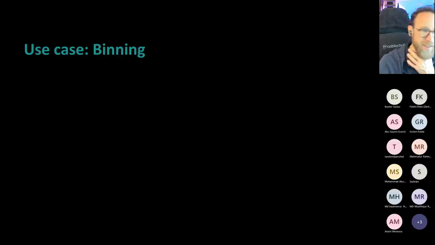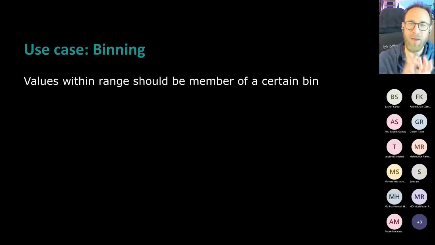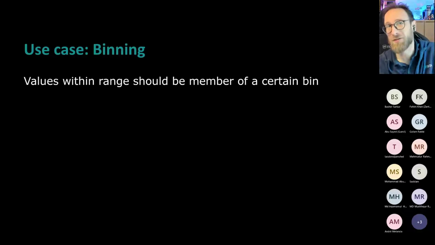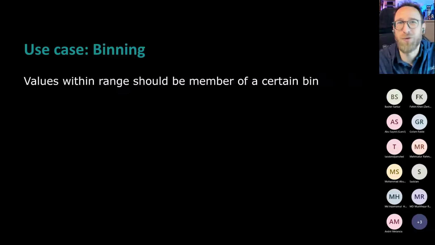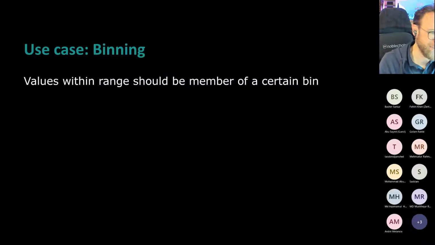I use this for binning. Binning means that we have values, and I'm not actually interested in the actual values, but I want to put them in different bins. This is a low value, this is a medium value, this is a high value, because the actual numbers are not so important when I do this analysis, but I just want to get a rough picture: how many low sales, medium sales, and high sales do we have, or whatever your bins might be.